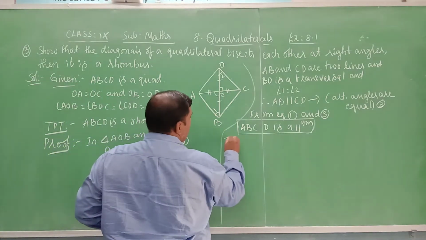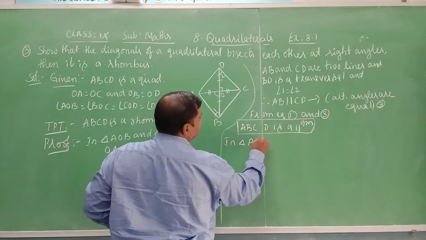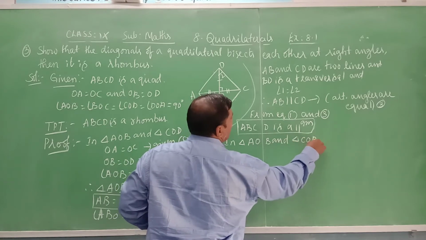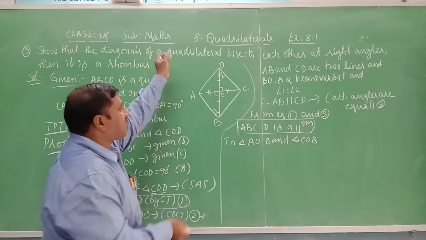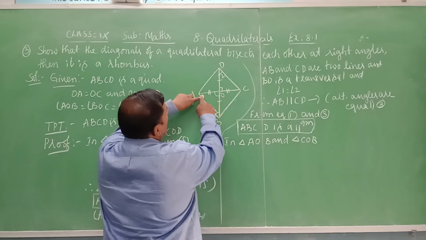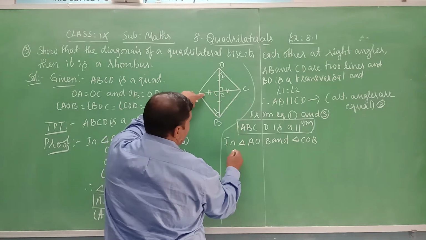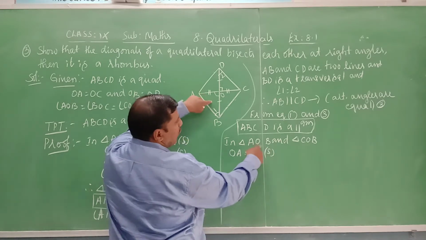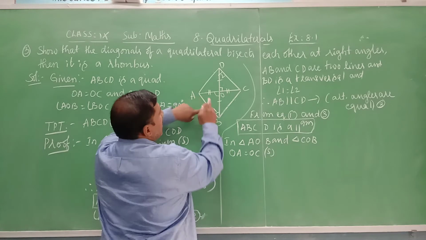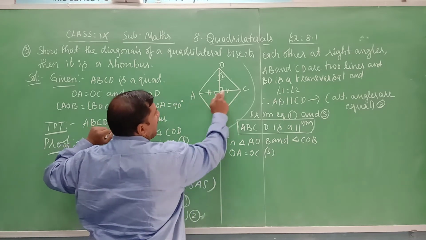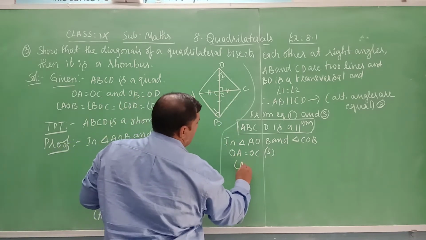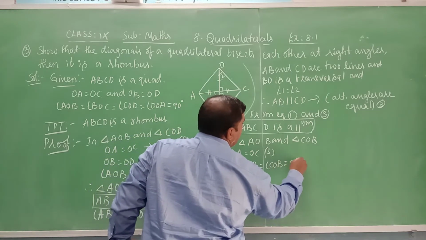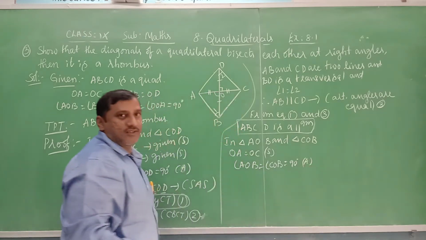Now consider triangle AOB and triangle COB. Here we know OA is equal to OC, it is given. And OB is the common side. Now what about this angle? Angle AOB is equal to angle COB, that is 90 degrees, as they are perpendicular to each other.